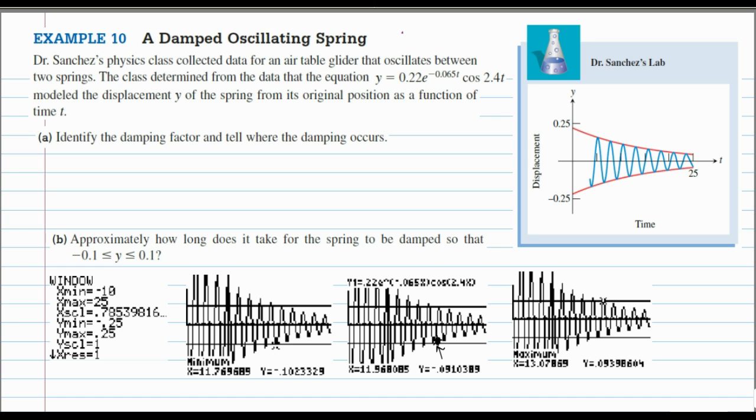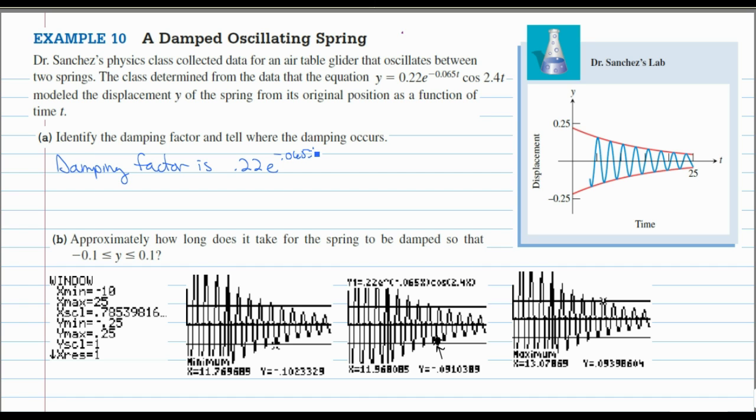So from the previous example, example 9, the damping factor is going to be the function out in front. Damping factor is 0.22e to the negative 0.065t.